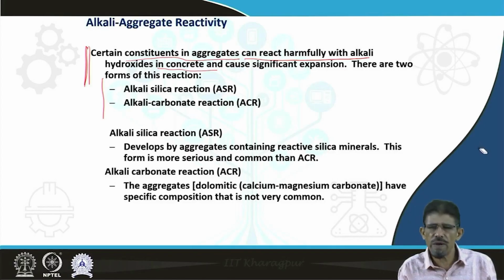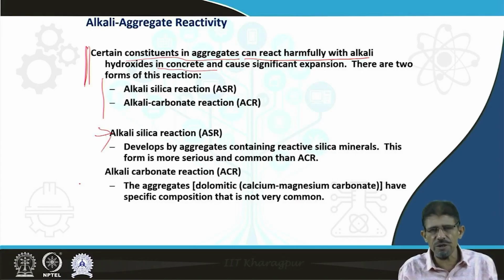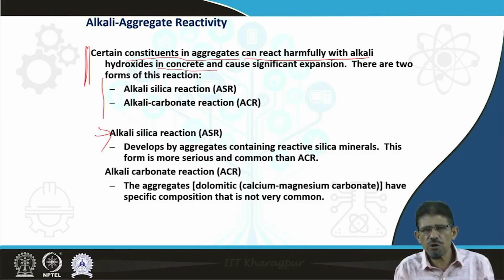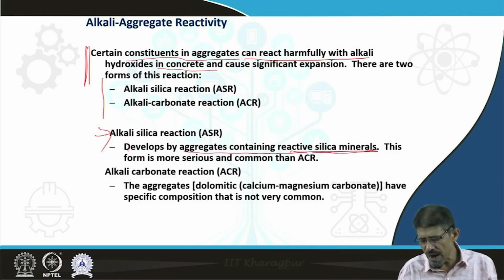So now what is alkali silica reaction? Alkali silica reaction is a very simple reaction. If the silica present in the aggregate is in some distorted form, then there is alkali silica reaction, developed by aggregate containing reactive silica mineral, amorphous mineral, cryptocrystalline mineral and deformed quartz.